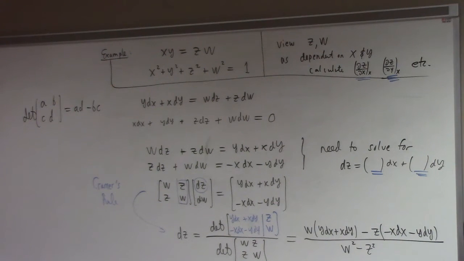I got wx plus zy divided by w squared minus z squared, dy. So thus partial z partial x holding y fixed is equal to wy plus zx over w squared minus z squared, and partial z partial y holding x fixed is wx plus zy over w squared minus z squared.